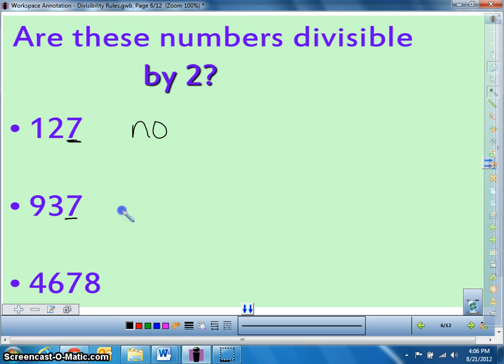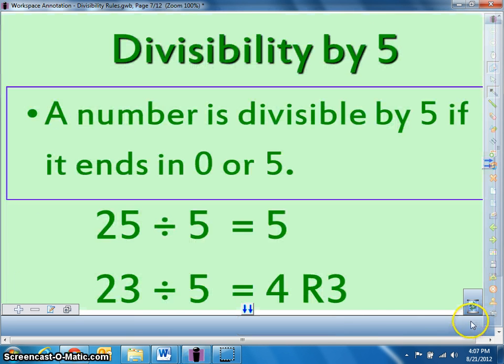And again, no, it is not divisible by 2. The very last one, 4,678. I look at that 8, and sure enough, that's an even number. So I know that if I wanted to divide this by 2 to get it smaller, it would work and I wouldn't have any remainders left over.